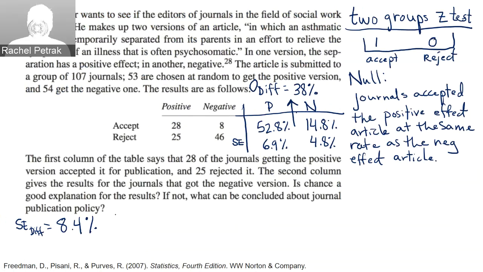So our test, we've got Z, our observed difference over the standard error for the difference. Our observed difference was 38% out of our standard error of the difference, 8.4%, which yields us a Z score of 4.5.